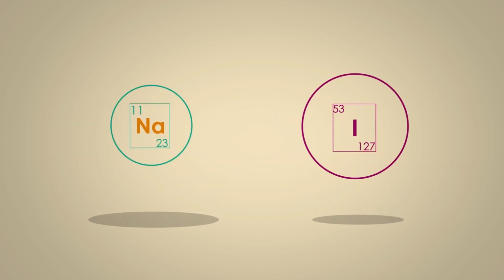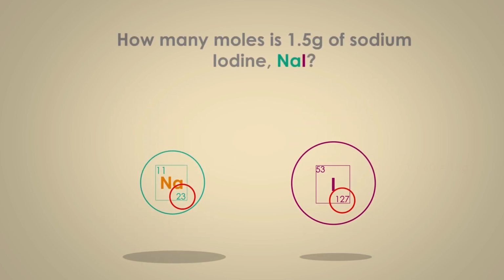We can use the molecular mass of a substance to calculate the number of moles in a given mass. Let's say we have 1.5 grams of sodium iodide, NaI. How many moles is that? The relative atomic mass, or Ar, of sodium is 23 grams per mole.